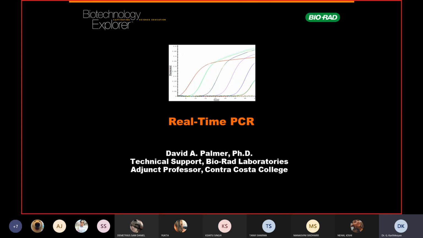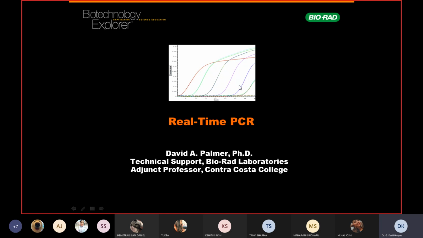So this is from Biorad, which is an instrument maker for real-time PCR. It not only makes instruments, it also makes lots of buffers and many other things which you could use for your PCR reaction. So we will just start with real-time PCR. What you see on this graph is many different colors, right?